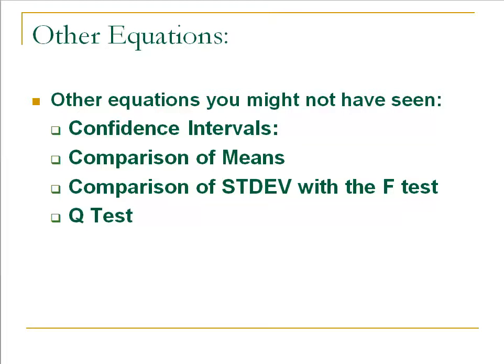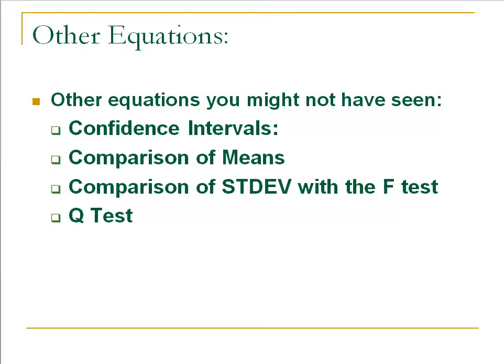Meaning, are my lab people as precise as they can be, or is one lab person more precise than the other? We've got a mathematical way of showing that. That's called the F test. A lot of times in the laboratory they call it the FU test. They think that's their way of, or that's your way of getting rid of them.